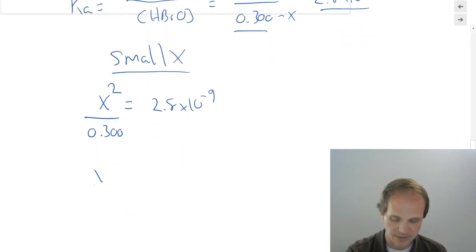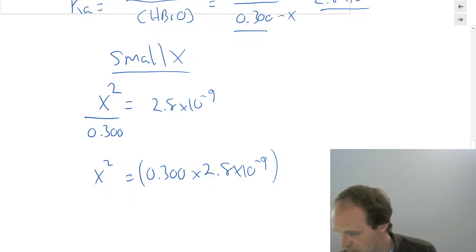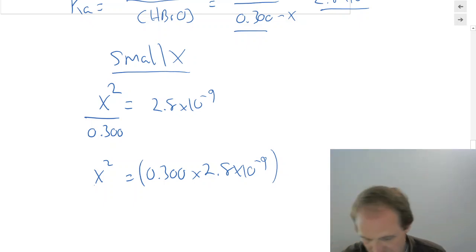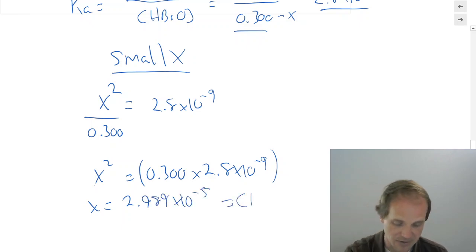And so we get x squared equals 0.300 times 2.8 times 10 to the minus 9th. And you take the square root of both sides, and you find that x is equal to 2.898 times 10 to the minus 5th. That's my concentration of H+.